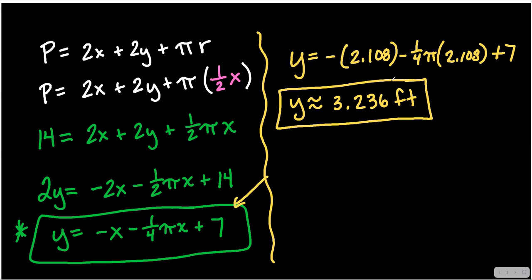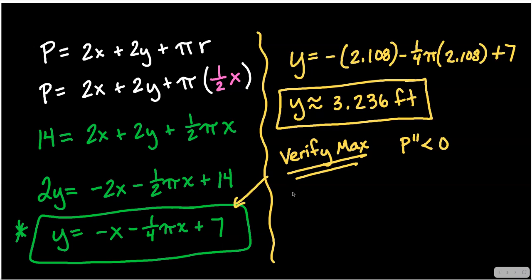And again, if we wanted to prove that this was a maximum, so if we want to verify that we actually have a maximum, that would mean that our second derivative would have to be less than 0.